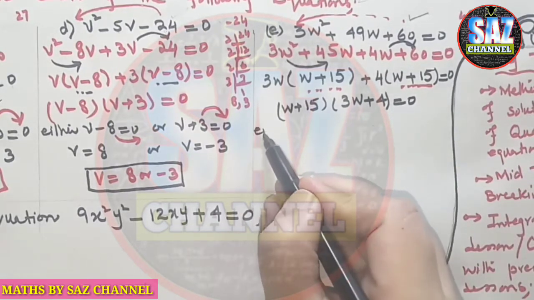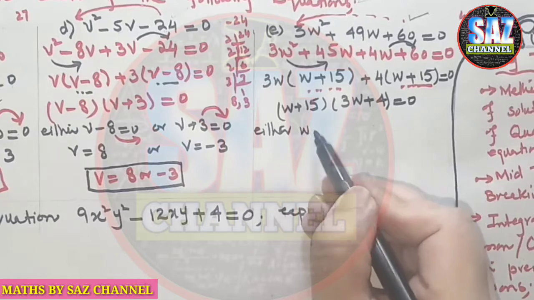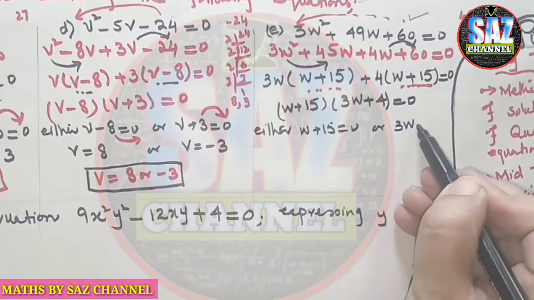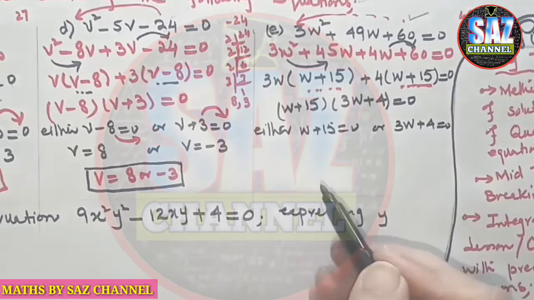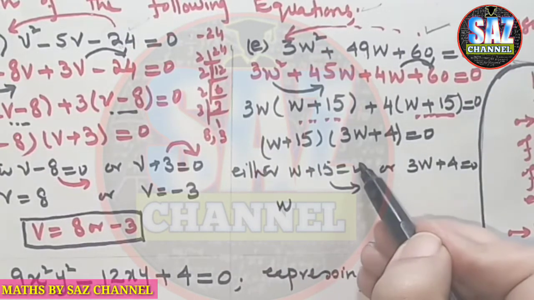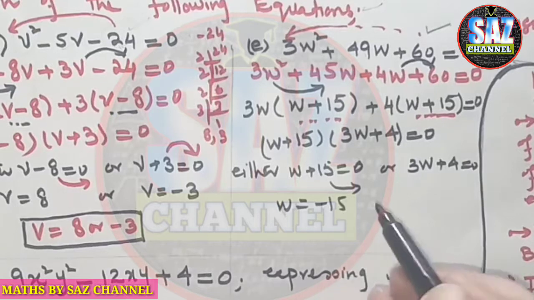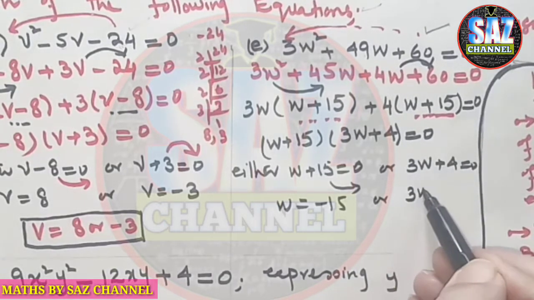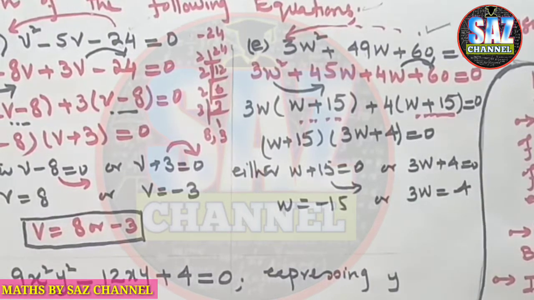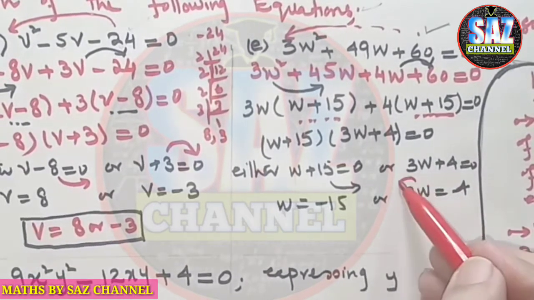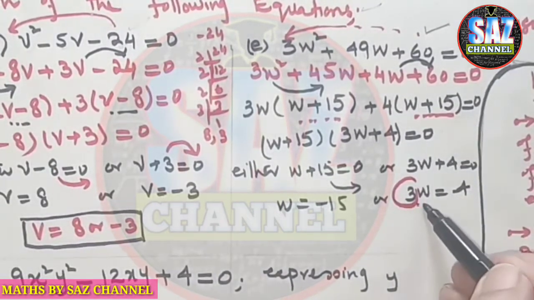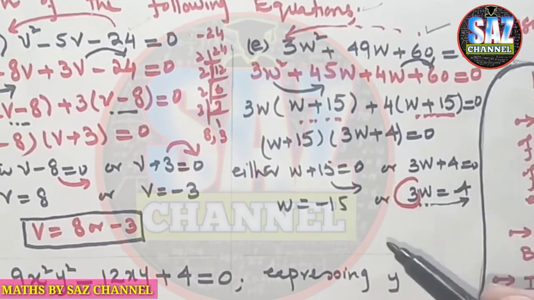Now apply the zero product condition: either w plus 15 equals 0 or 3w plus 4 equals 0. This will give me w equals minus 15 and 3w equals minus 4. Here this w is multiplied by 3, so in order to get the value of the variable, I have to shift that 3 to the other side.